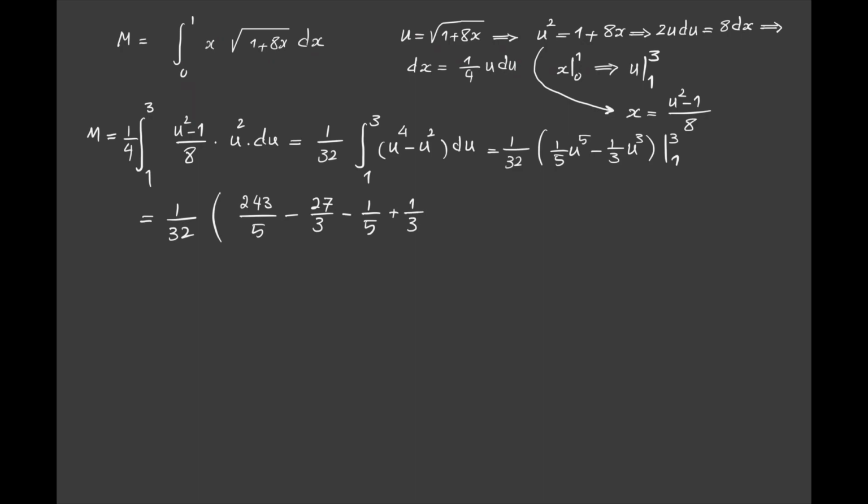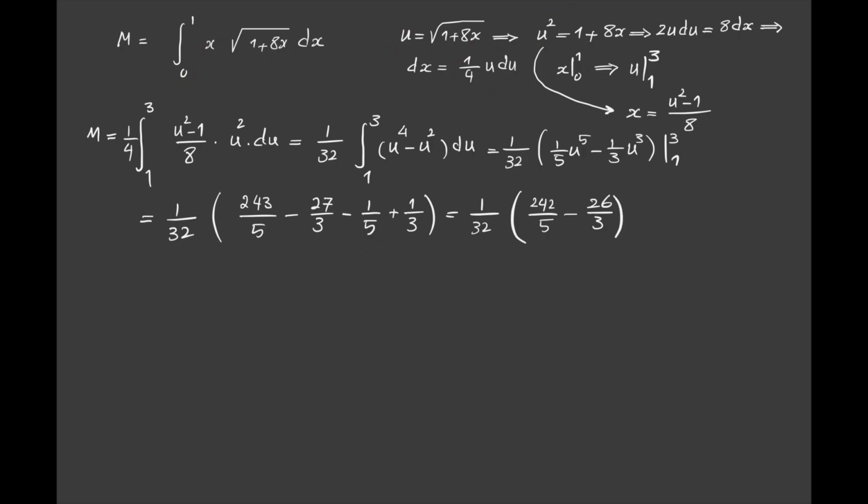I put 3 and 5 and subtracted them. So what can I write? I can simplify this a little bit. 1 over 32. Okay, I will take this one with that one. It becomes 242 over 5, and then minus 26 over 3.